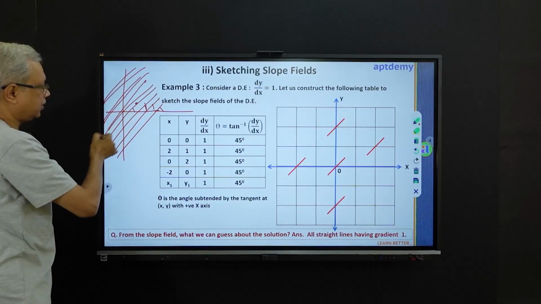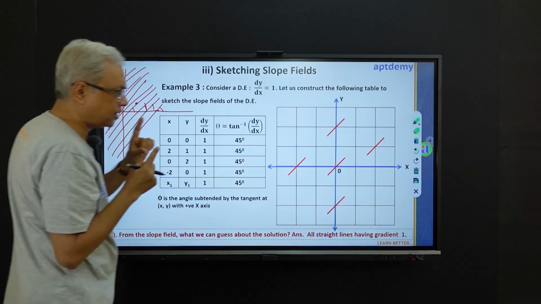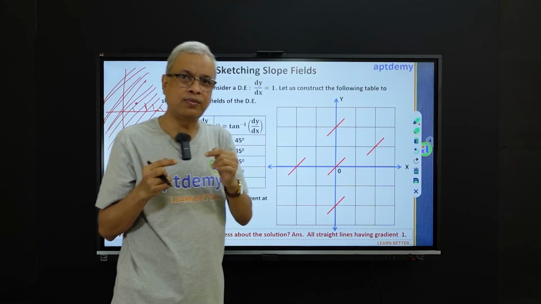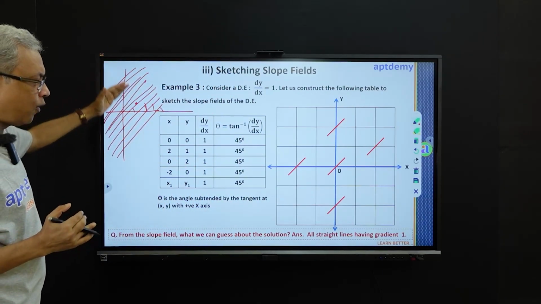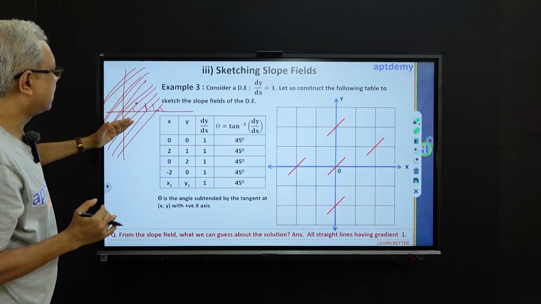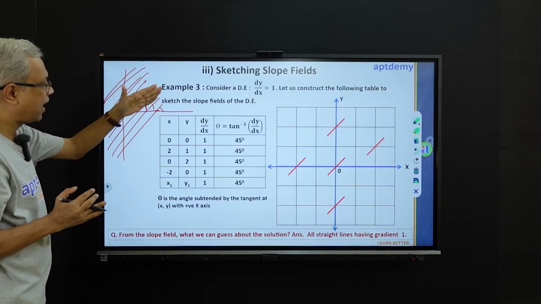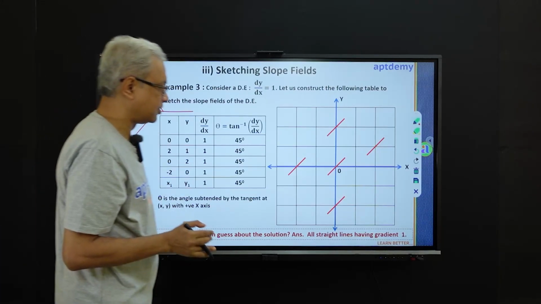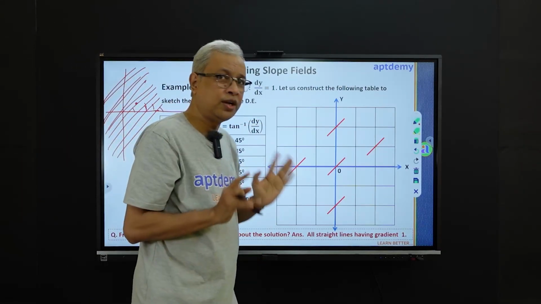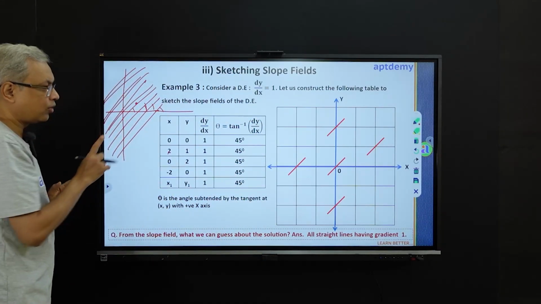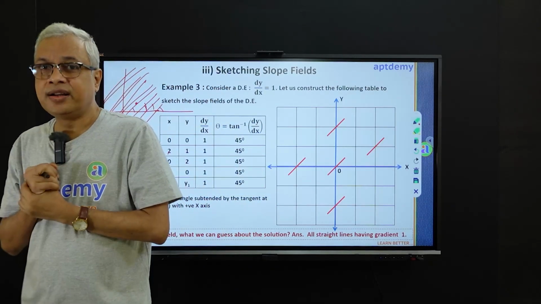So this will be the straight line, the tangent drawn on a straight line at a particular point is the straight line itself. So this will be the set of all parallel straight lines, and they are all making an angle of 45 degrees with the x-axis. Okay, so the slope field reveals that the solution will be like this, the set of all straight lines having gradient 1.